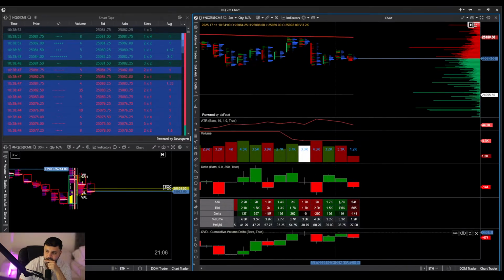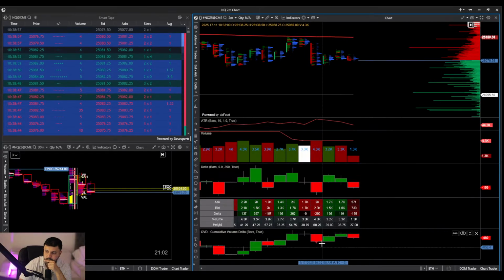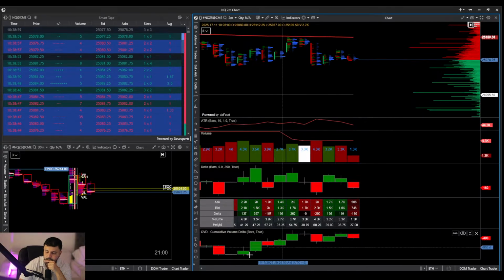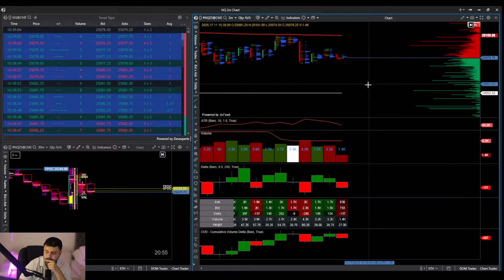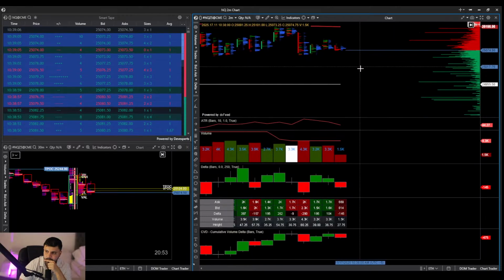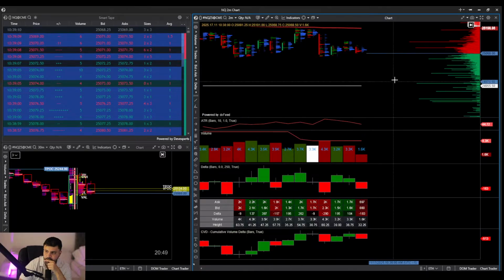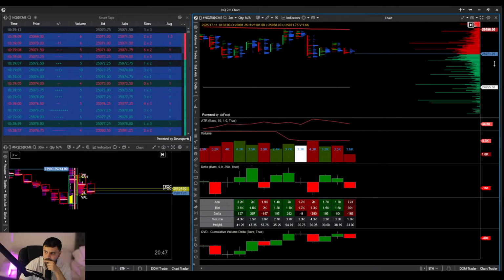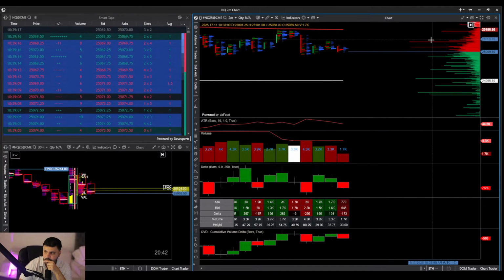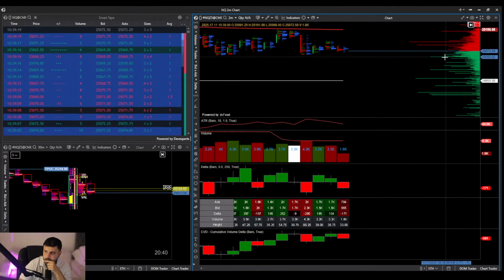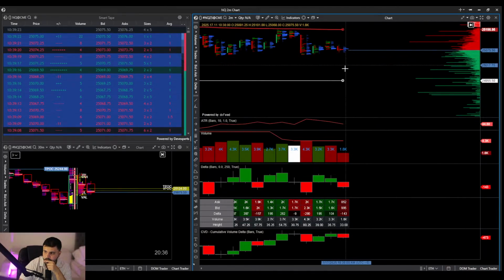That's usually divergence because we actually made an equal low but a higher low on CVD. It's usually a divergence, but I'm not going to take a trade just off that because they're starting to reload the book. But you can see a lot of scattered orders down here. That's probably what they're going to do, flush it.